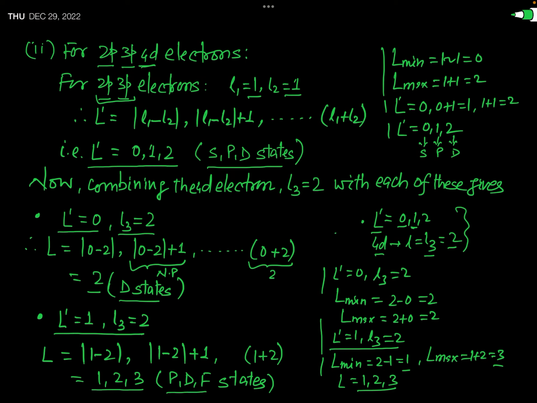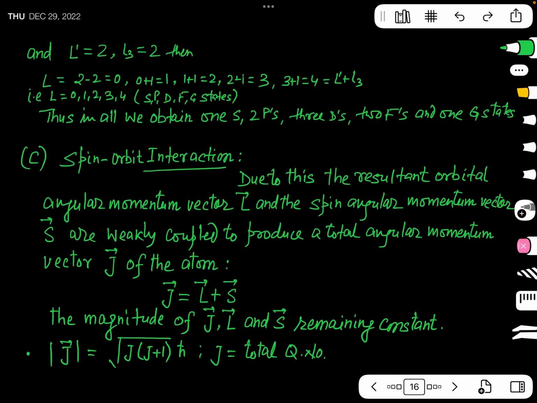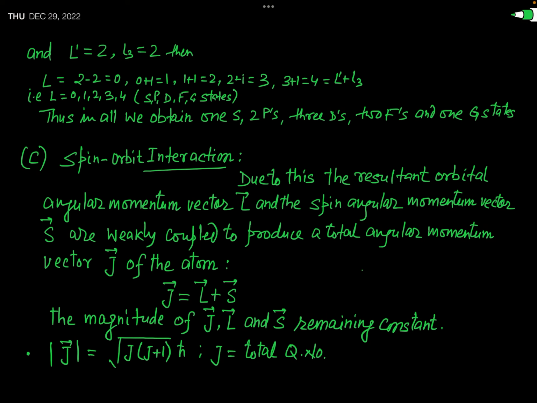Now finally we will consider the third value of L dash, which is 2, and L3 equal to 2. In a similar manner, you can find the minimum value. Minimum value will be 2 minus 2, that is 0.